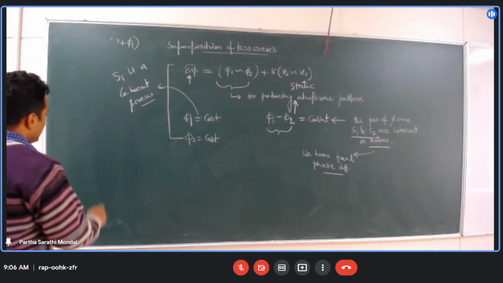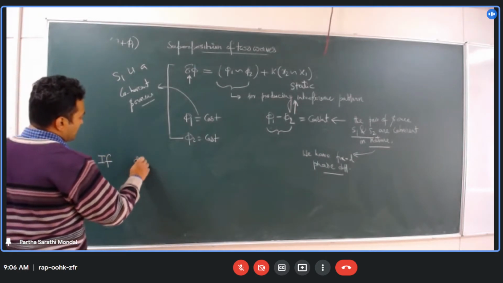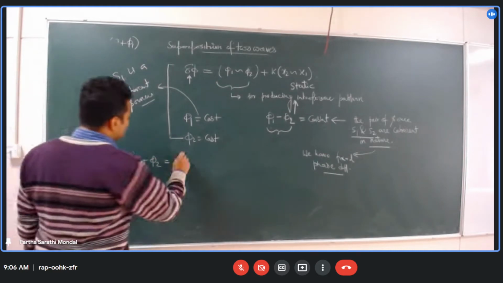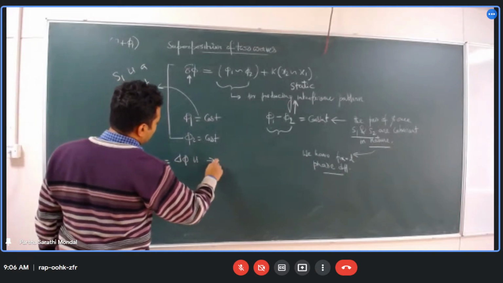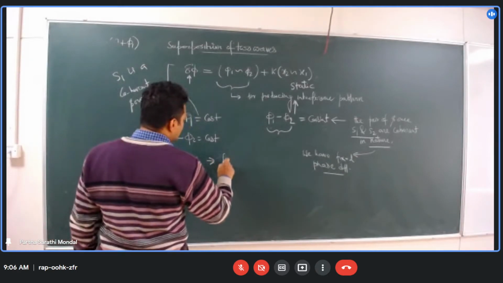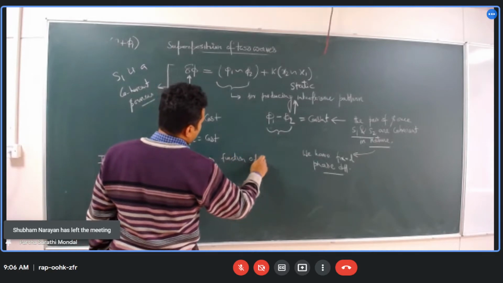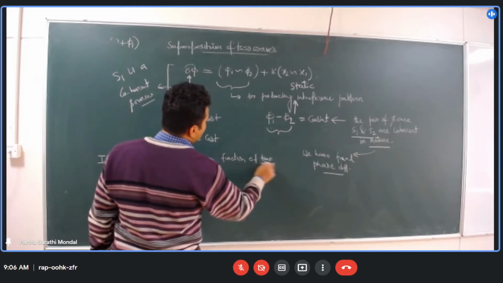Now if phi 1 minus phi 2, let's say this is delta phi, is actually a function of time, that means it is changing.